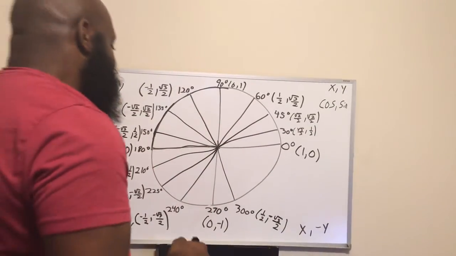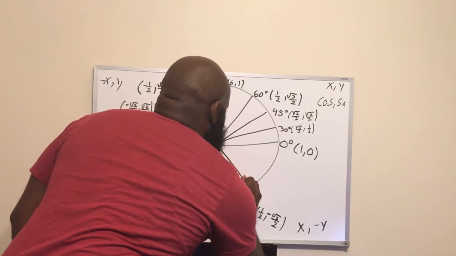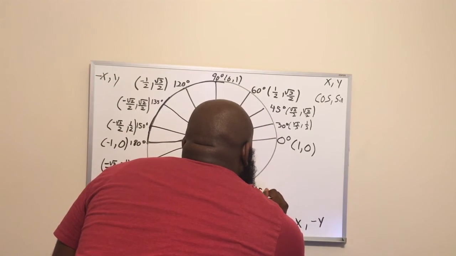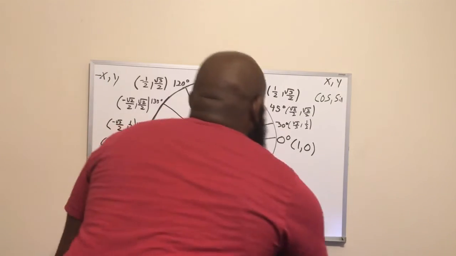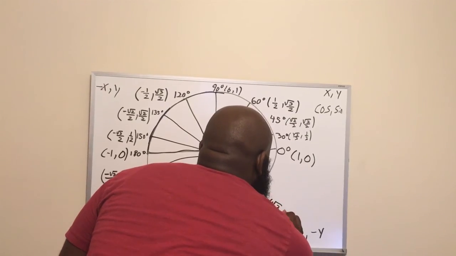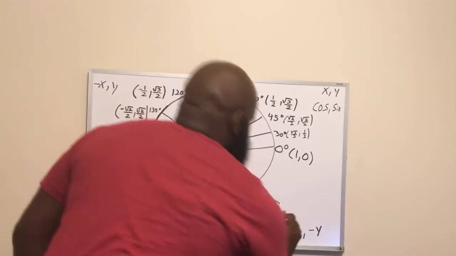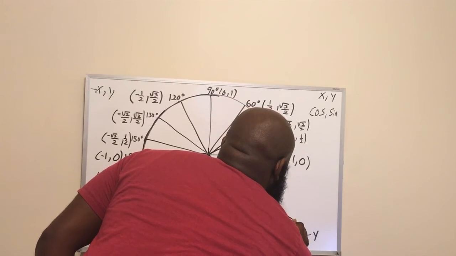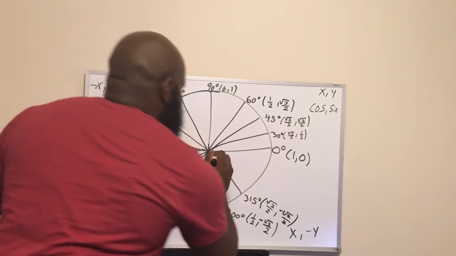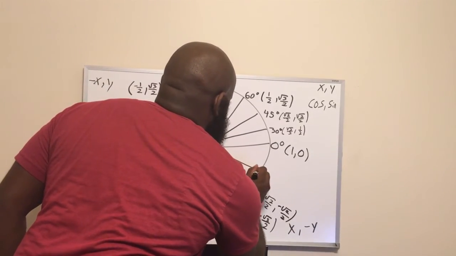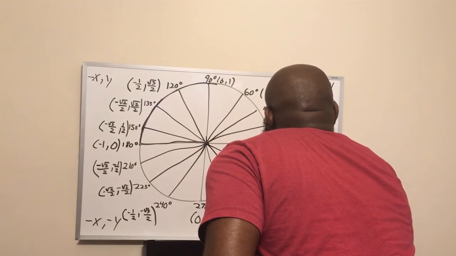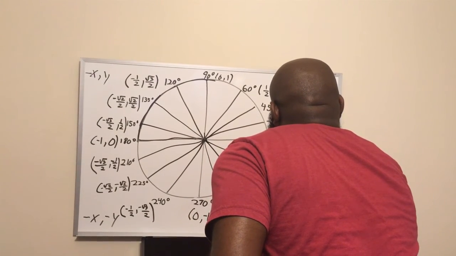Then you have 315 degrees. On this one, your cosine is √2/2, and your sine is -√2/2. And then you have finally 330 degrees.